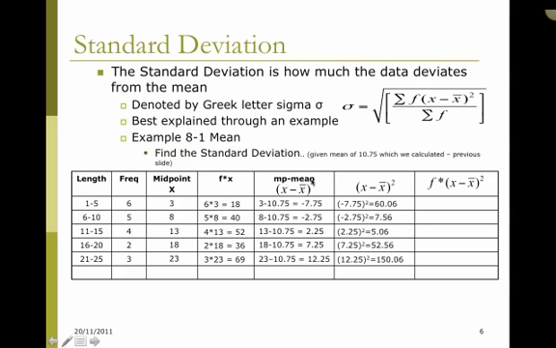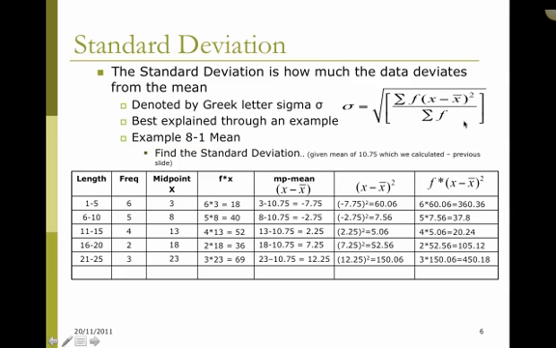Mean of 10.75, we've already calculated that. You fill out this column then: midpoint minus the mean. Square this column. And then multiply this column by frequency f.